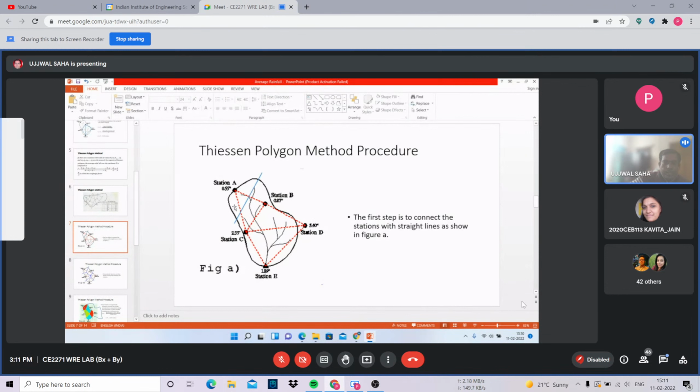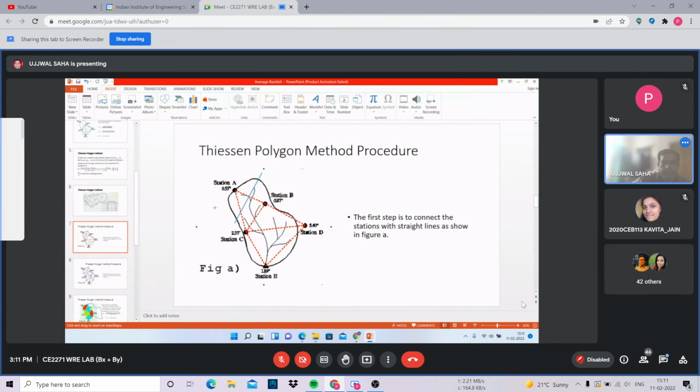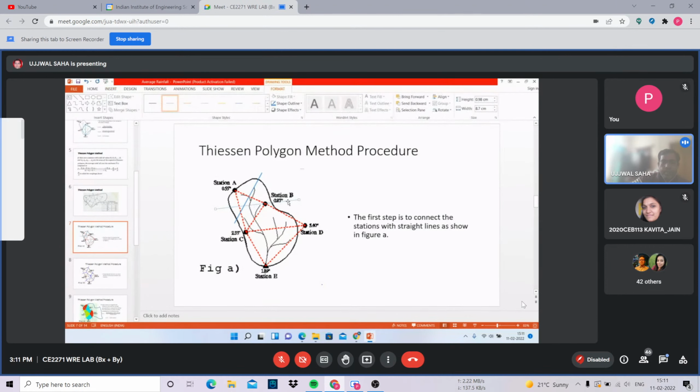Like this way, if we draw a perpendicular bisector between A and C, again my line is not an exact perpendicular bisector, I request you to adjust. Actually I have to move it to some extent here.